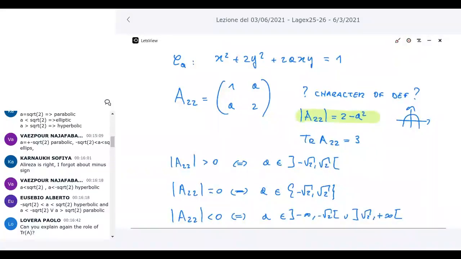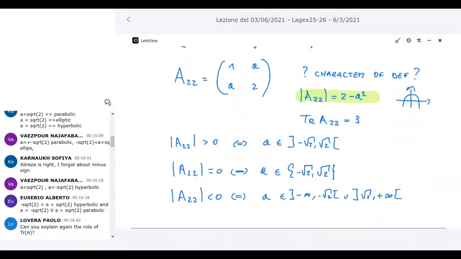So Sofia Carnauck, you probably overlooked the fact that there are 2 roots. Yes, you forgot the minus sign. Okay, so these are the 3 situations. So what happens in each? The equals 0 case is the parabolic type.